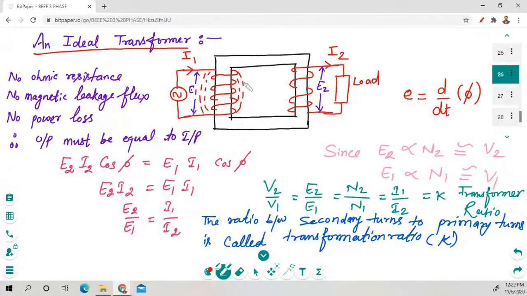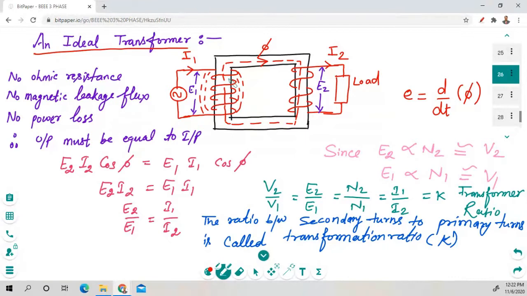Okay. When you take an ideal transformer, you know that there is flux generation in the primary side. So all the flux generated across the primary side may be transferred. Because this is an ideal transformer, no losses are present. That's why all the primary side flux is going to be linked with the secondary side.